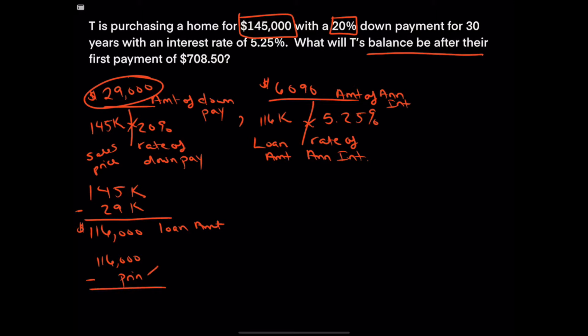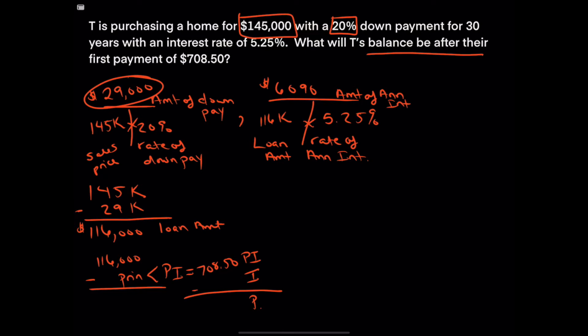Now that principal payment is going to come from our PI, and part of that's going to be principal, part of that's going to be interest, and they said that this is $708.50. So if $708.50 is principal and interest, and what we need to know is how much principal is subtracted out when they had that payment, then we need to subtract out the monthly interest, and that will leave us with the monthly principal.